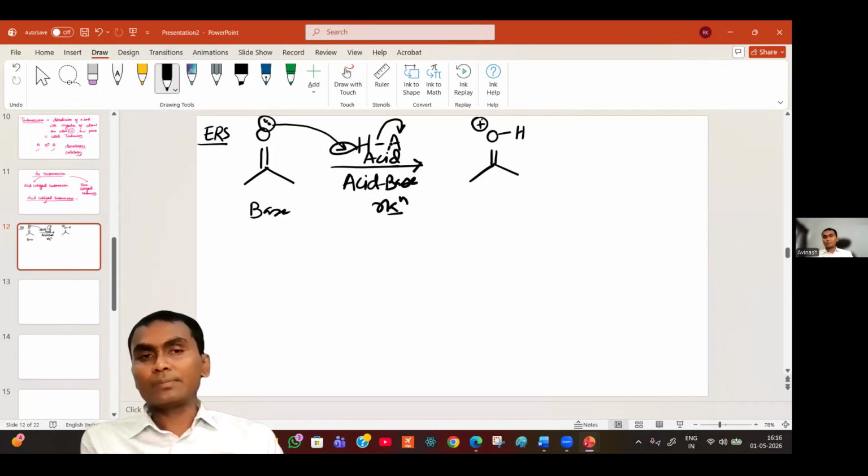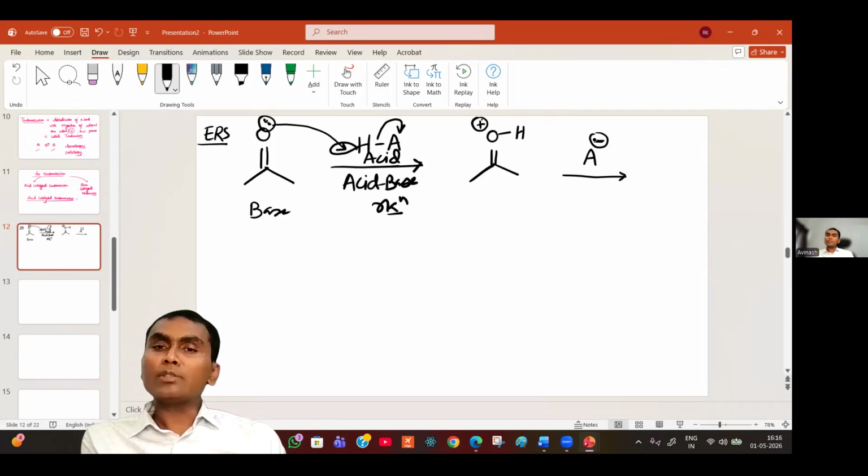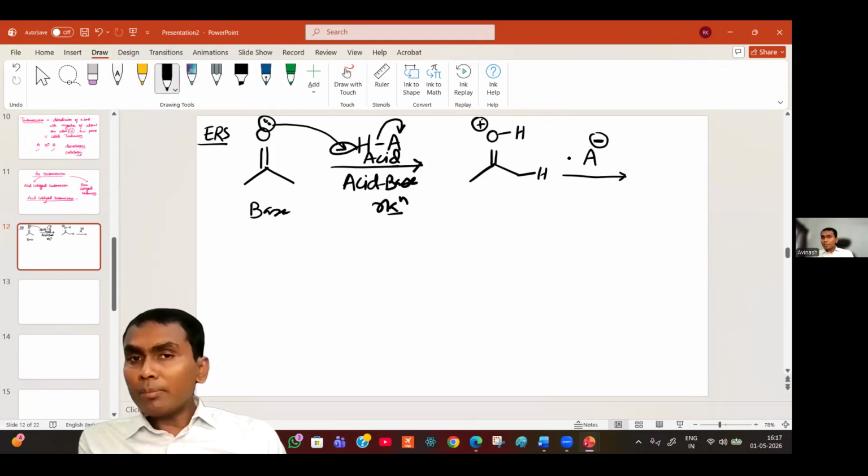Then A minus is present here in the solution, and A minus traps this tautomerizable hydrogen.